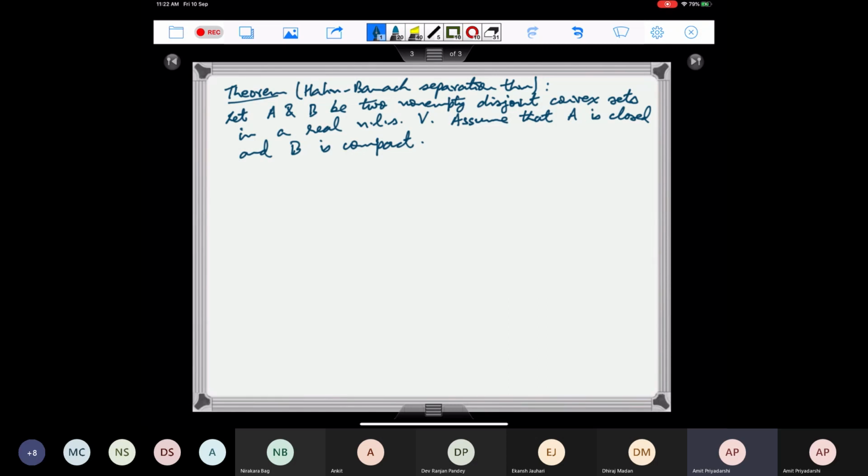So in this case, we can separate strictly by a hyperplane. Then A and B can be separated strictly by a closed hyperplane.